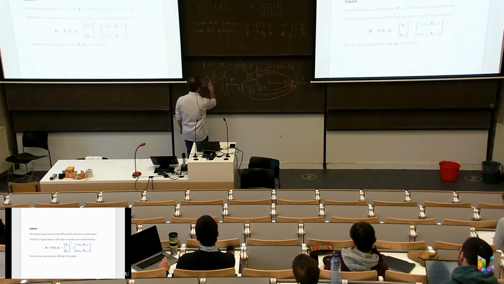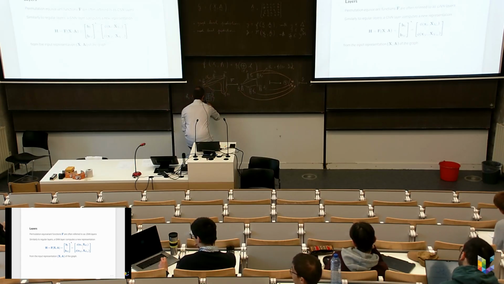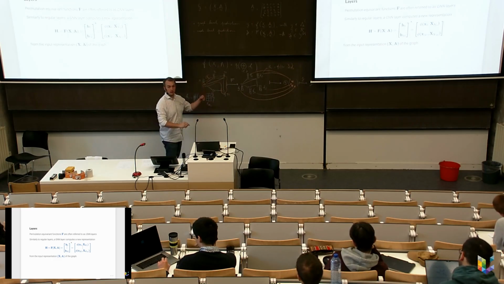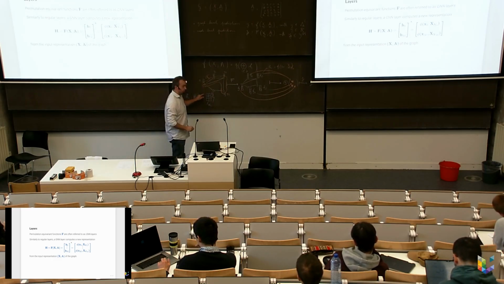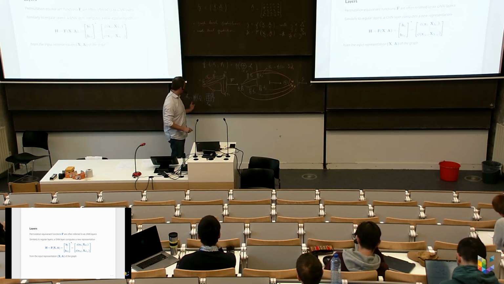So we have 1, 2, 3, 4 elements. That would be X_N_2. Just stack all the vectors associated to each of the neighbors of node 2.